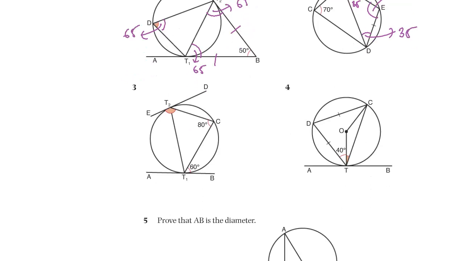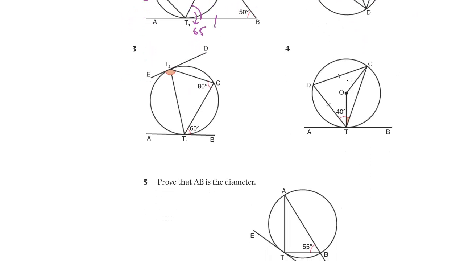Now question number 3. Here, this is 60 degrees. By the alternate segment theorem, the chord and the tangent make the same angle that the chord makes at the circumference. This should also be 60 degrees. The sum of the angles of a triangle says that all these three angles should add up to 180 degrees. So 180 minus 80 is 100. 100 minus 60 is 40.